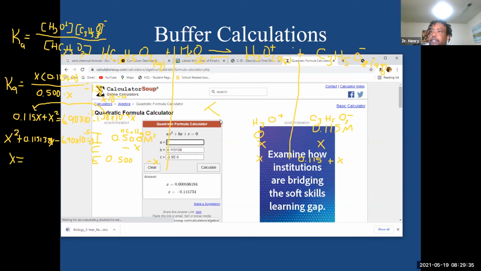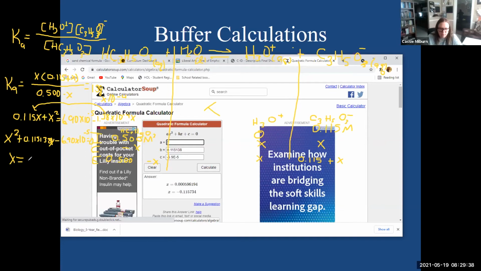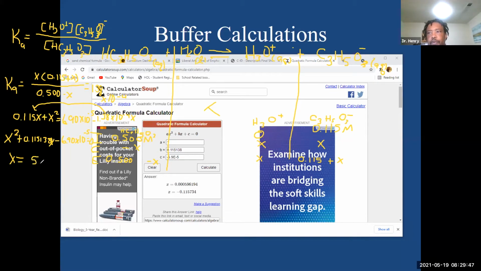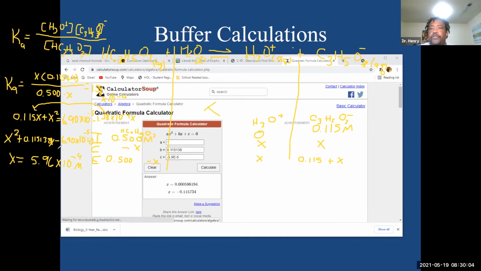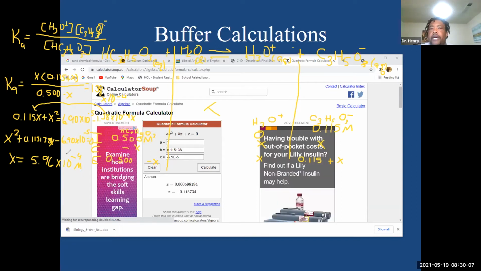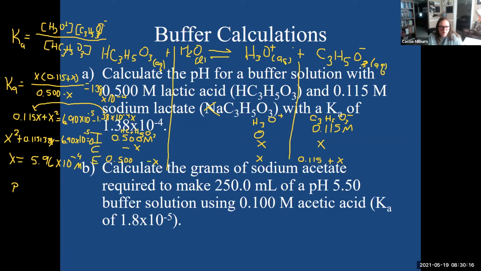So what's going to be the correct answer? Well, you said it can never be 0 or negative, so it has to be the positive. Let's just make it 5.96 times 10 to the negative 4 molar. Okay. So that's going to give us the concentration of our hydronium ion. So how can we calculate the pH? It's the log function, isn't it? Yep.